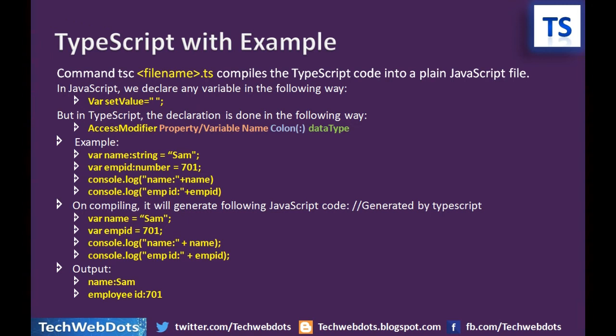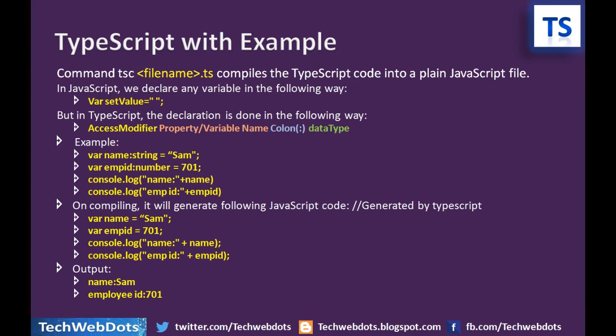The example is there. We type var, then a name for the property or variable, a colon, and the data type, which is string, and we use equals for assigning the value. Same for the number: we are using var, because we are not specifying any access modifier, by default it is private. We give the number 7701, and then write console.log for name, appending the name with it, and console.log for employee ID with empId.